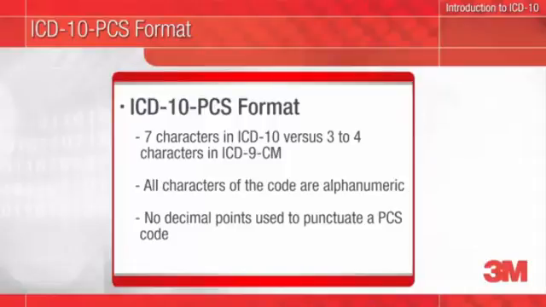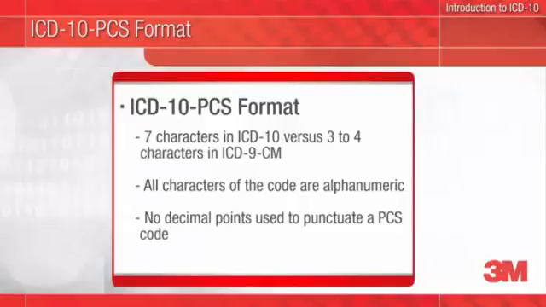A significant difference between the two systems is the increase in the number of characters in an ICD-10-PCS code. An ICD-9 procedure code was 3 to 4 characters long. In ICD-10, it is a full 7 characters long. And what's more, all of those characters are alphanumeric, where in ICD-9 they were all numeric.